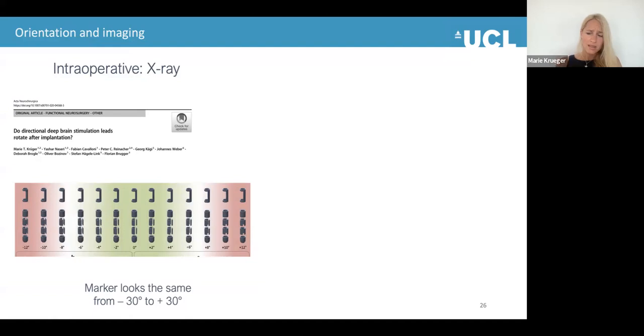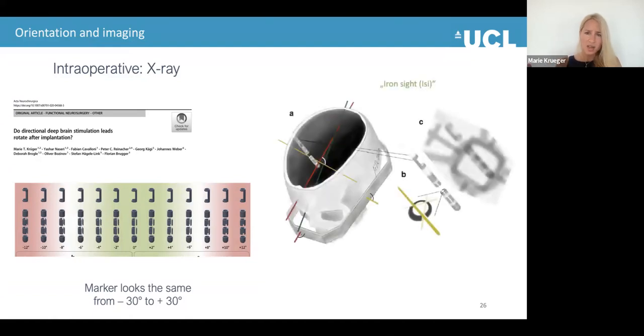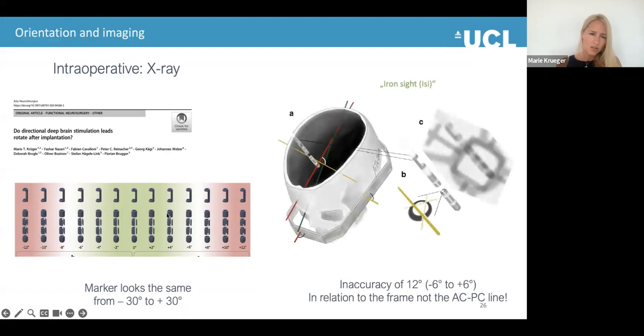The way to make this method more precise is to use the iron sight method here, which means you're using the lines in between the split contacts. This will only increase your accuracy to 12%, which I think is probably good enough for clinical practice.